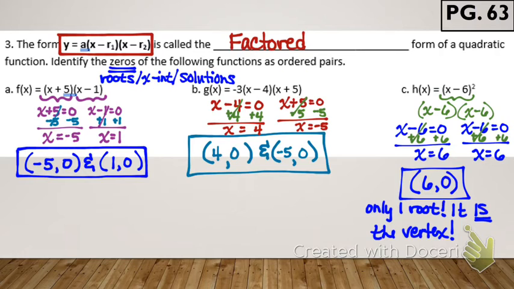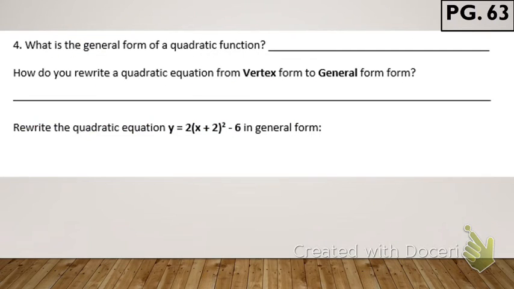All right. We're going to hop down to number 4. And we are going to practice starting in vertex form and then converting that into general form. General form for a quadratic function, that's my ABC form.